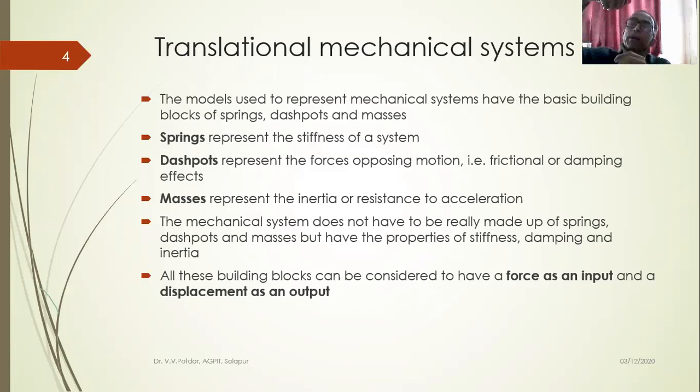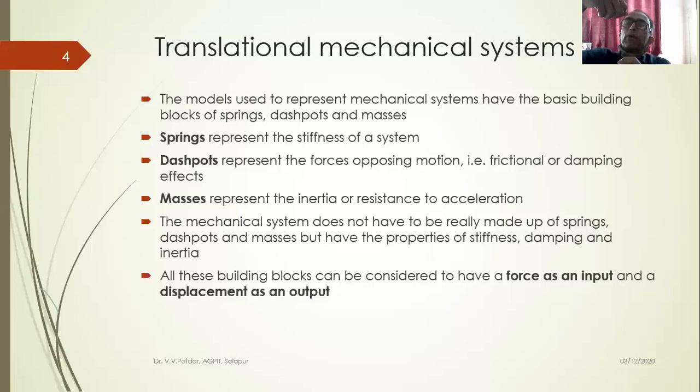If I'm applying some external force to that spring, it tries to resist that motion, isn't it? What is this resistance? When I apply external force F, the spring will react to this external force. The spring will have its own reactive spring force, which will try to resist this motion, isn't it?